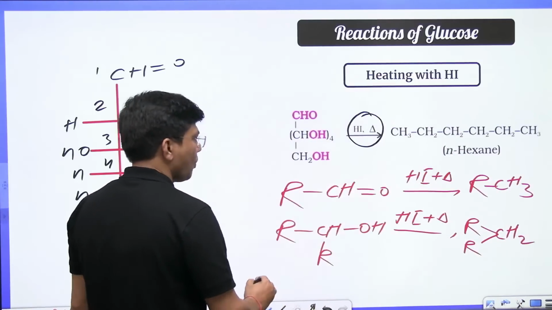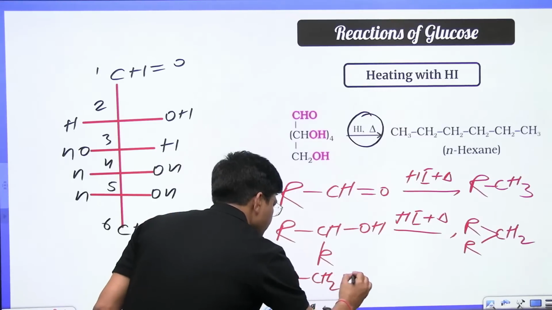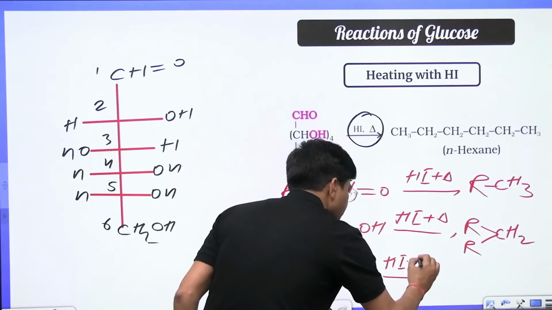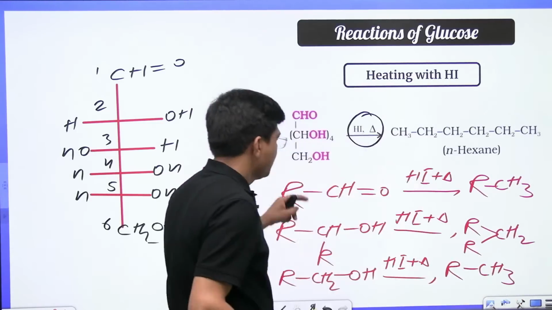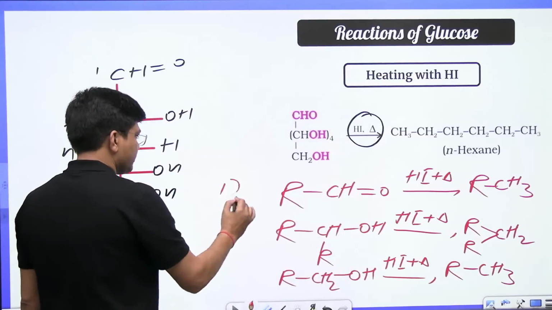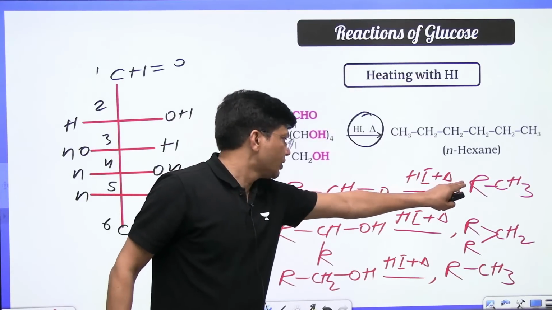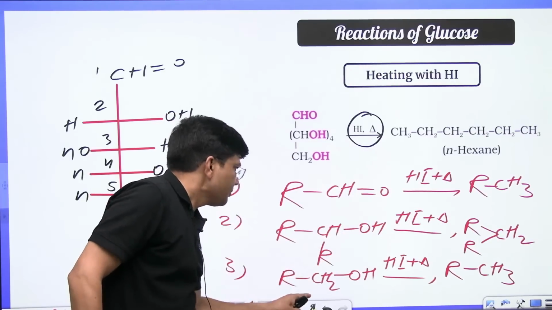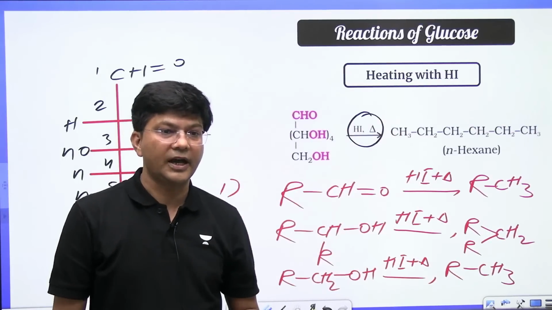If you have a primary alcohol, RCH2OH, when it reacts with HI and heat, you will get RCH3. Are you able to understand? Three reactions I have written: first, second and third. Aldehyde will convert into hydrocarbon, secondary alcohol will convert into hydrocarbon, and primary alcohol will also convert into hydrocarbon. Are you able to understand these three reactions?